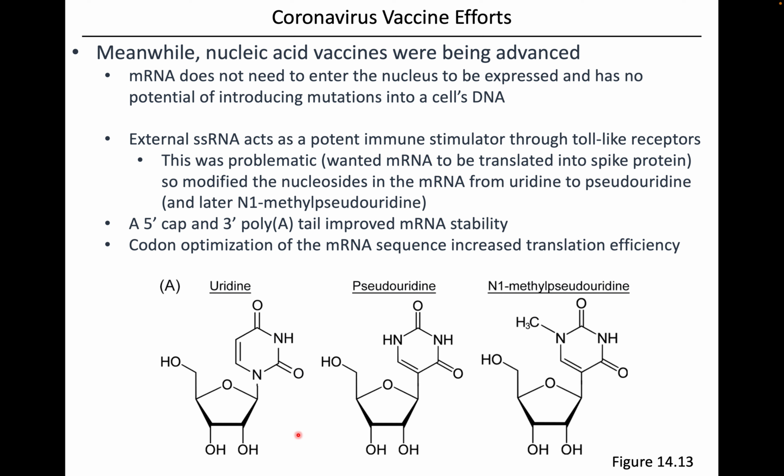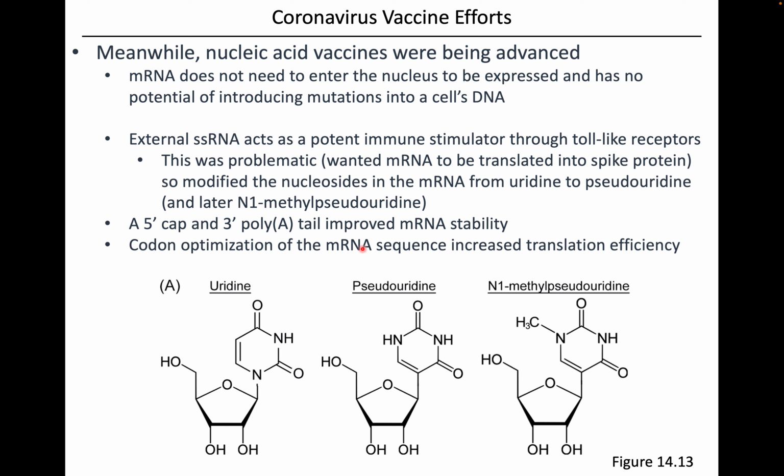And my nucleic acid chemistry is not strong enough to know exactly why that particular transition is effective, but let's leave it at that. Seemed to do the trick. They also threw on a 5' cap and poly A tail, to try to increase the stability. We know those structures are important for messenger RNA stability.